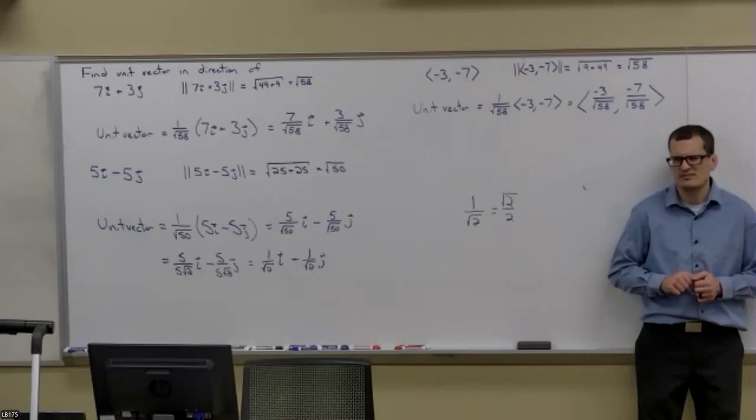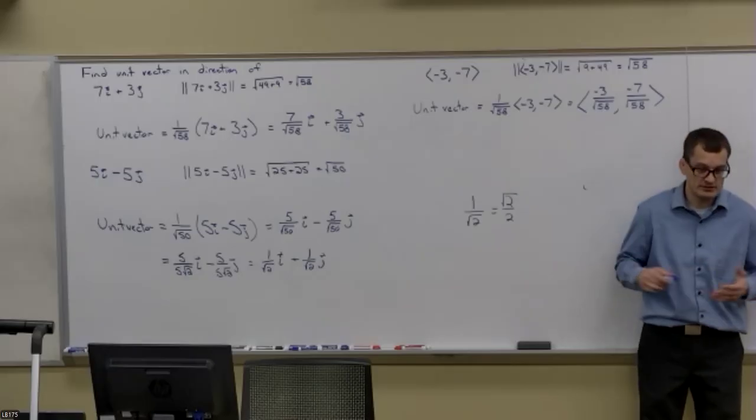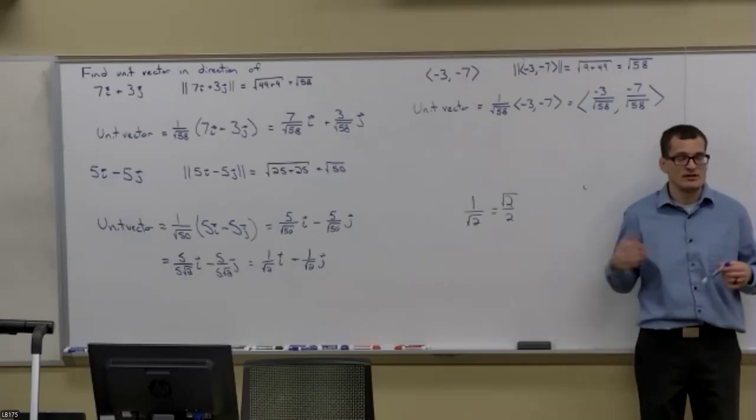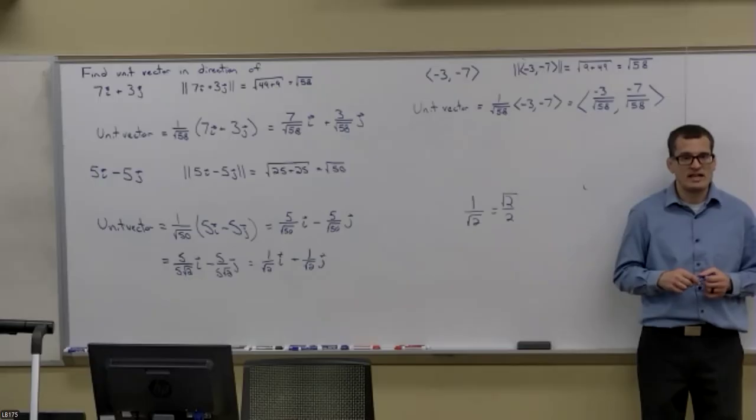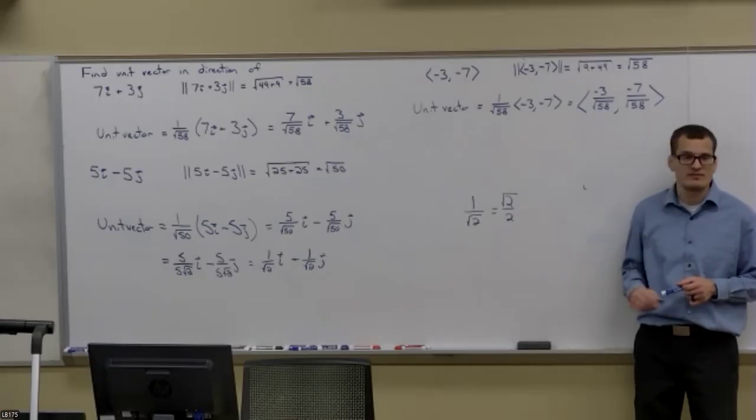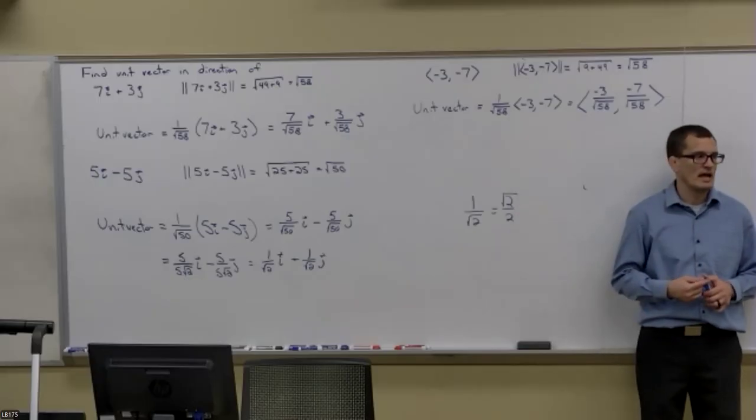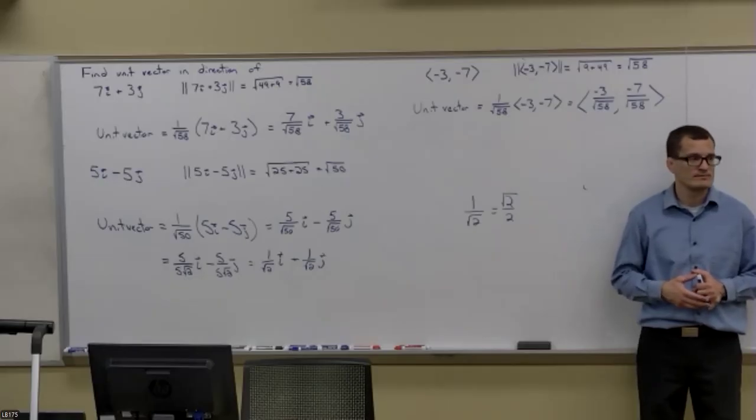Does that make sense? So I just point that out just to say, oh yeah, that's a known value on our unit circle at 45 degrees or pi over 4.